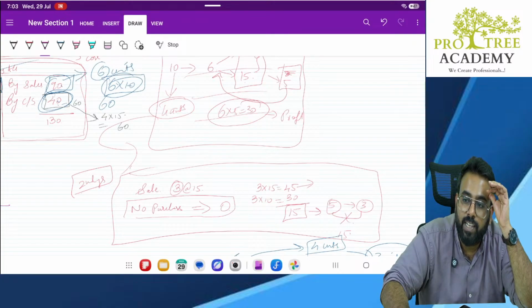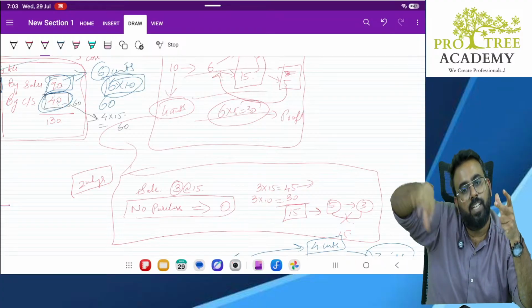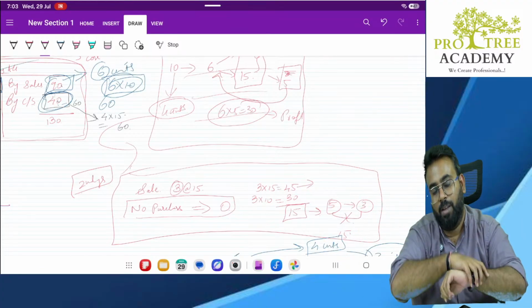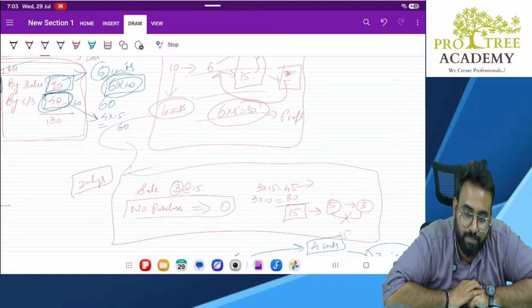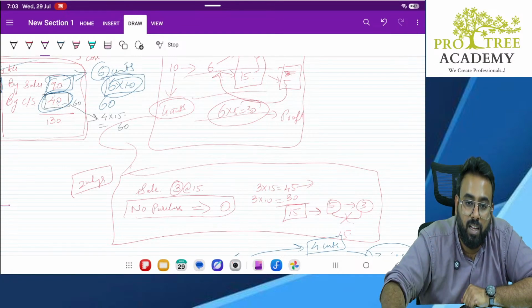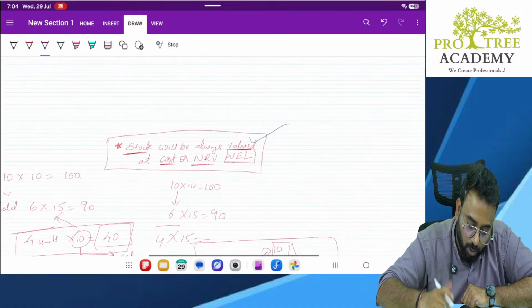Sir, what happened with the second year? There will be no profit, no? No. This closing stock and opening stock is a continuous thing. Every year it happens. So every year they used to boost the profit. But in reality, that much profit was not there. Clear? So to end this illogical way of valuing the closing stock, they brought this rule.